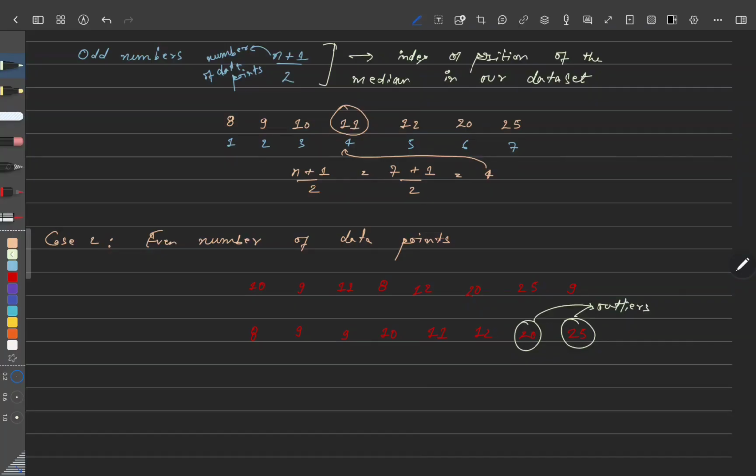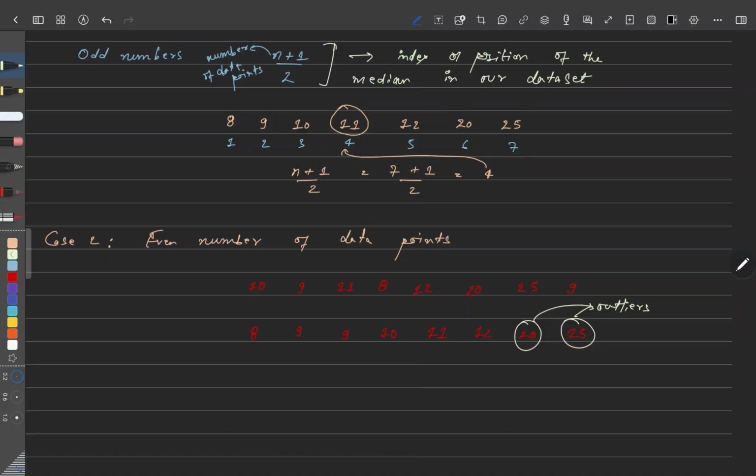So the middle value in this case would be the average of the two middle values, because in case of even numbers, if you try to divide the data set in two equal halves, you won't be able to, and if you try to find the midpoint, it wouldn't really exactly be the midpoint. So the way you will have to do it, let's try this here.